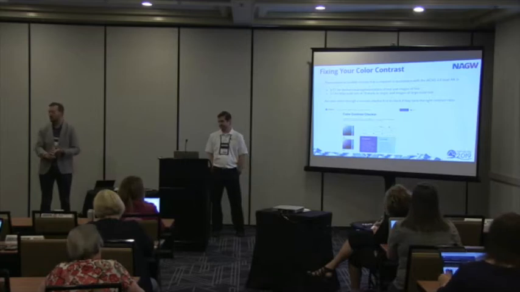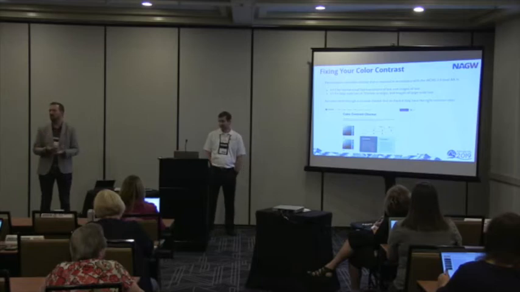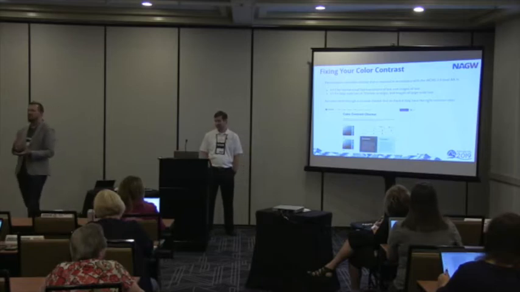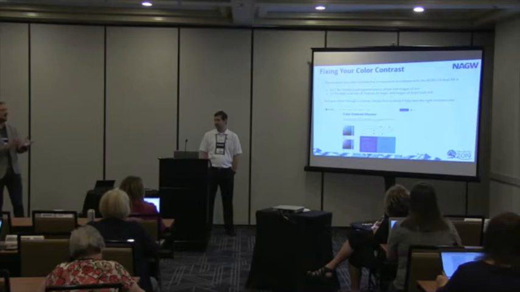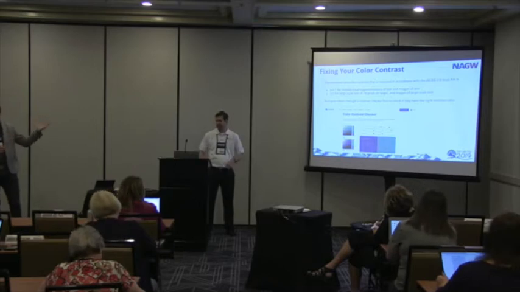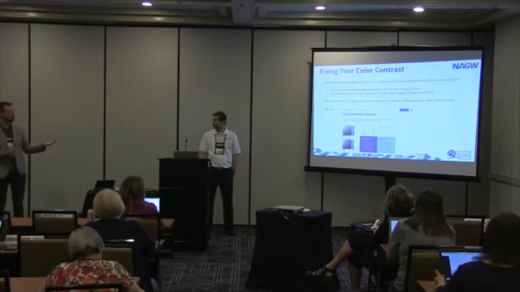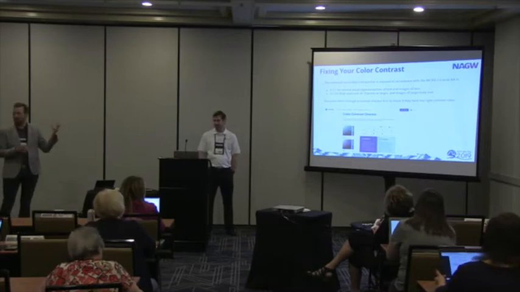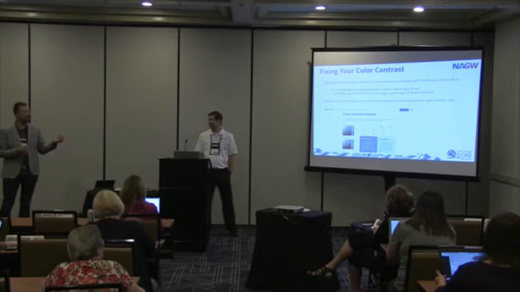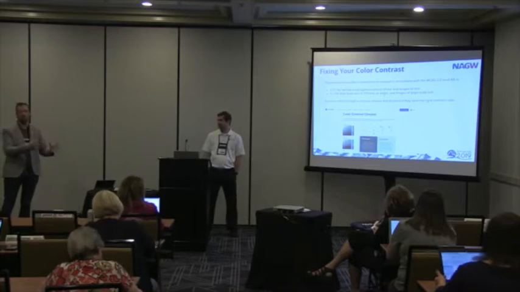WebAIM has one, Mozilla has one on their website. There are many color contrast checkers, and the WCAG standards state that 4.5 to 1 is a good contrast ratio to use for level AA in WCAG 2.0 for normal sized text and visual representations.